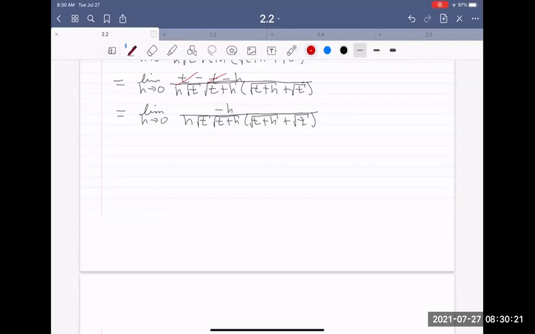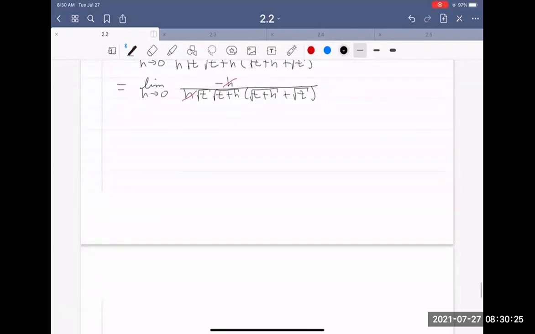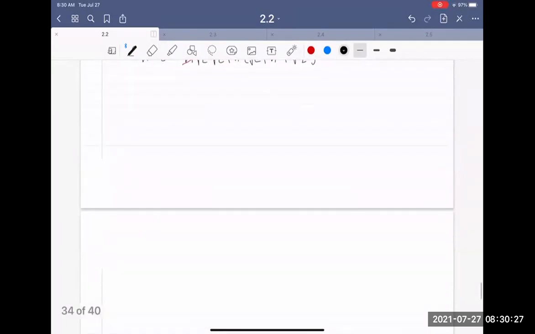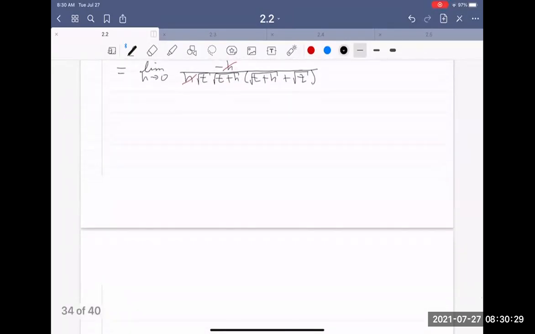The h's cancel. And so I get the limit as h approaches 0 of negative 1 over radical t, radical t plus h, radical t plus h plus radical t.